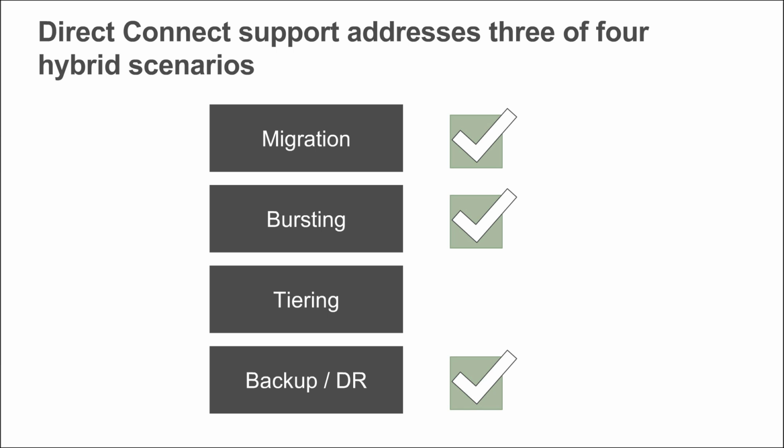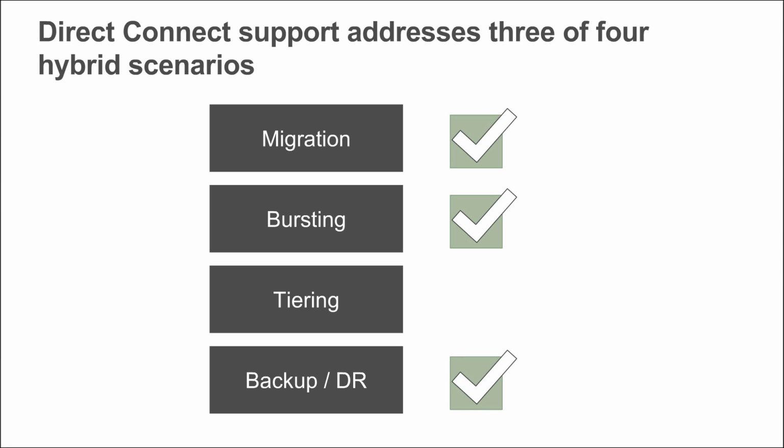And generally, when we think about hybrid access to the cloud and what something like Direct Connect provides, there are 4 different scenarios. So the first is migration, and what we mean by migration is you're moving your applications and your data over to the cloud.